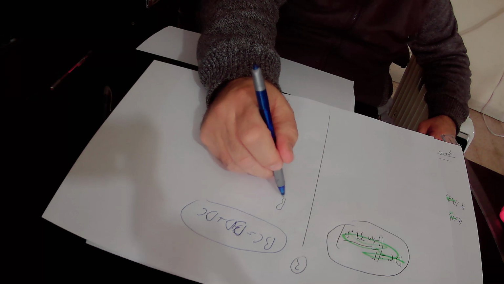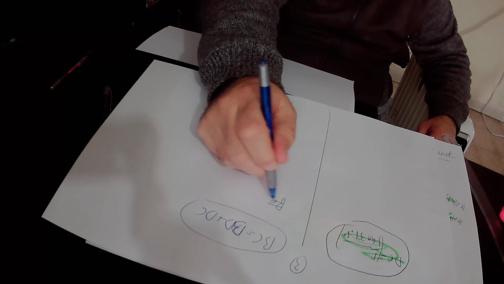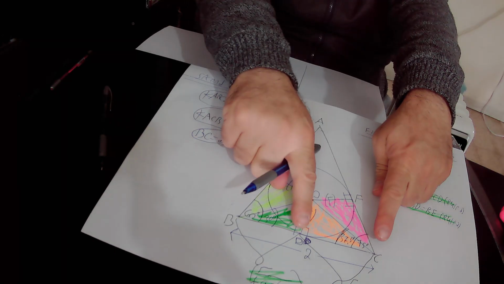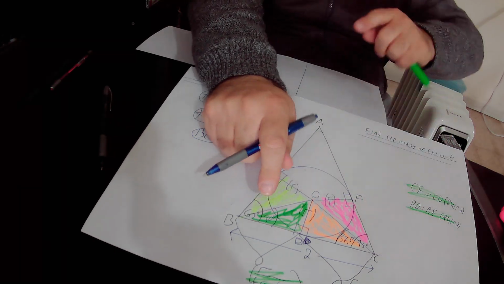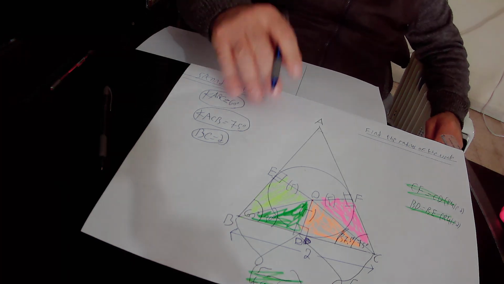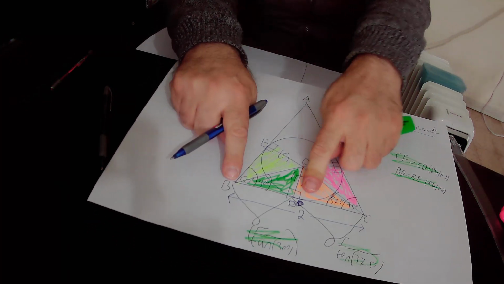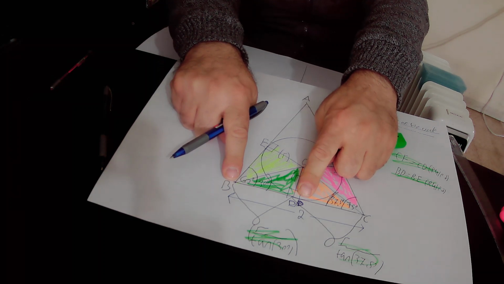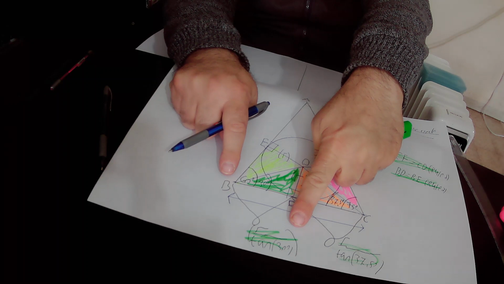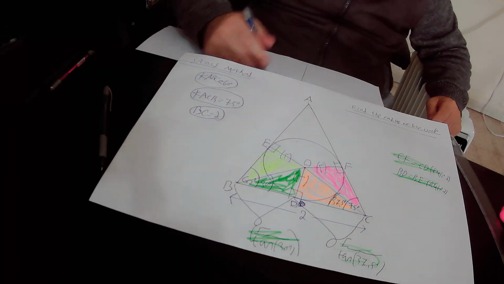So BC is 2 according to what is given in the question. So we substitute BC by 2. So 2 equals BD plus DC. We have already found out that BD equals R over tangent 30 degrees. So we substitute BD by R over tangent 30 degrees.